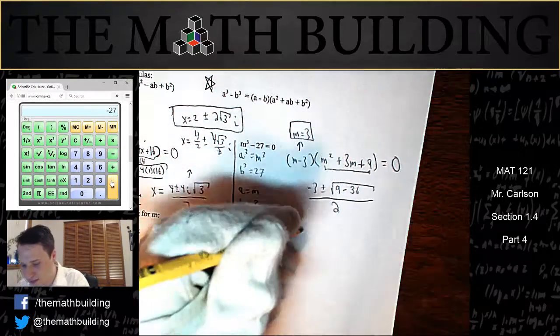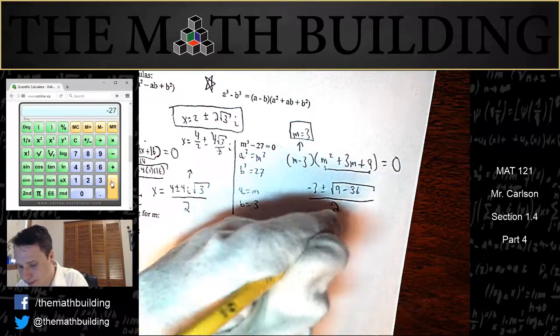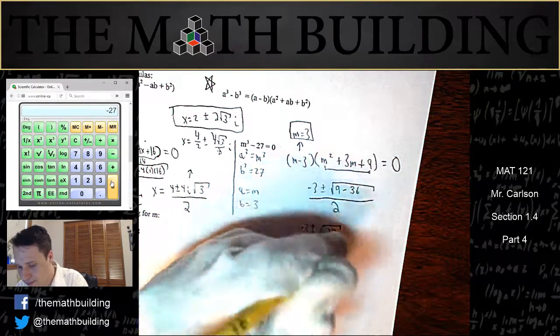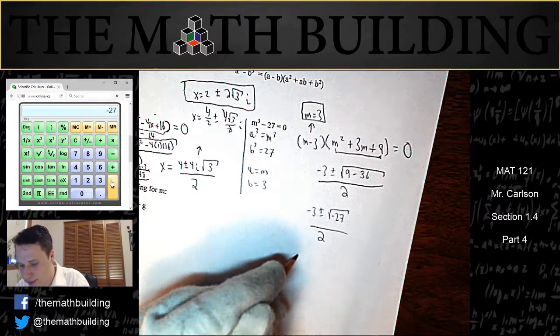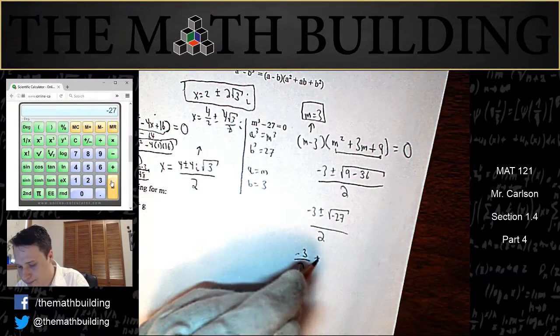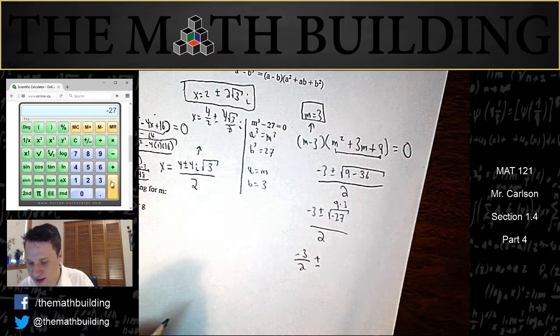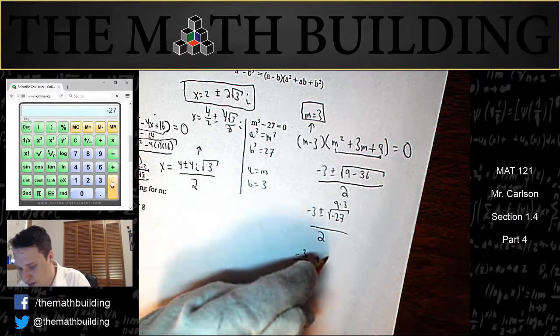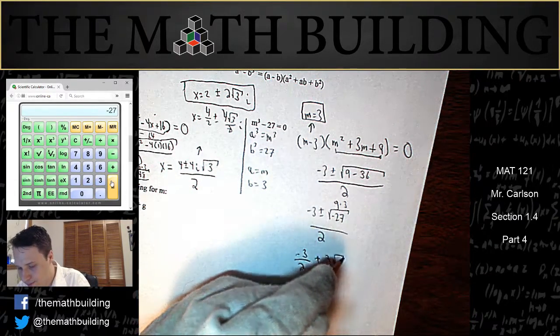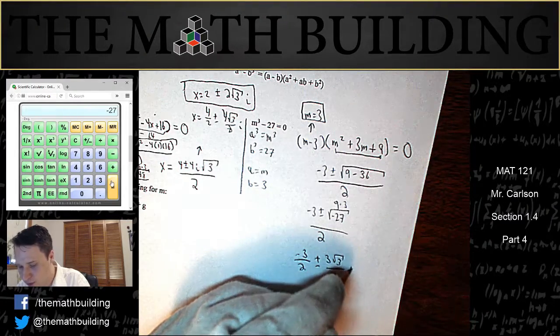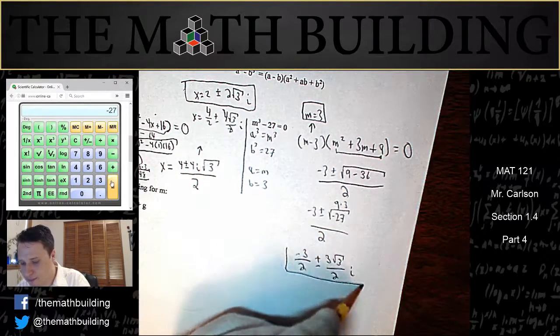It's negative 27. And that can be broken up. 27 is 9 times 3. So the square root of 9 is 3. So that'll be 3 root 3 over 2 with i on the end.